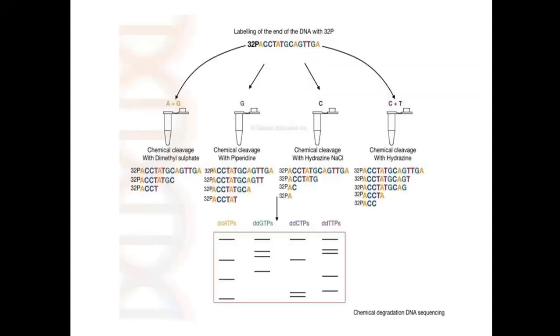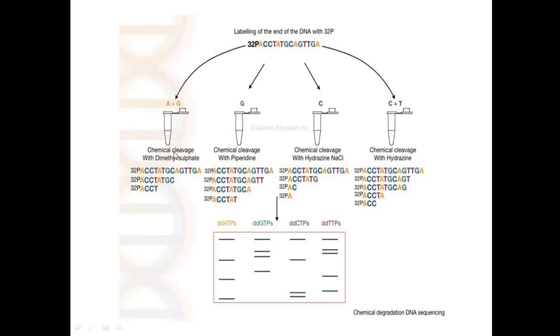So now you could see our gene of interest is this one. An equal quantity of this single-stranded DNA is added to all 4 tubes. Here the 4 different chemicals will cleave this particular DNA fragment at 4 different places.